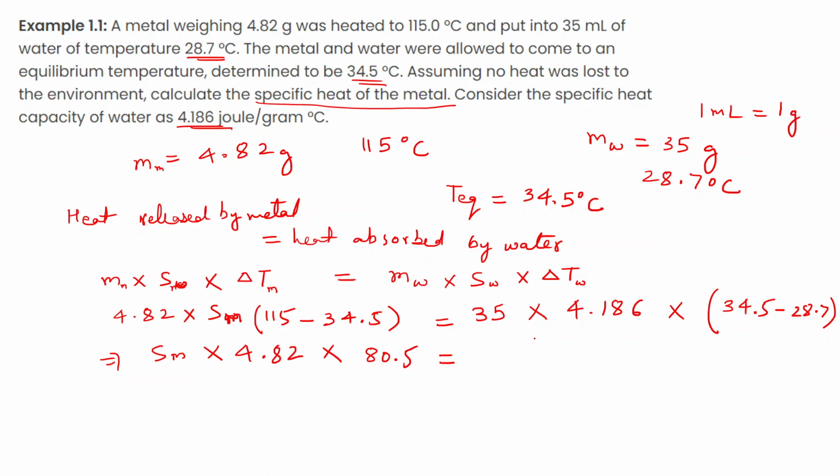Let me calculate. 35 times 4.186, and that is 146.51, and this temperature difference will be 34.5 minus 28.7, that is 5.8. Okay.